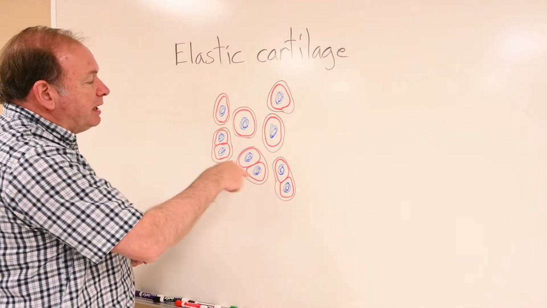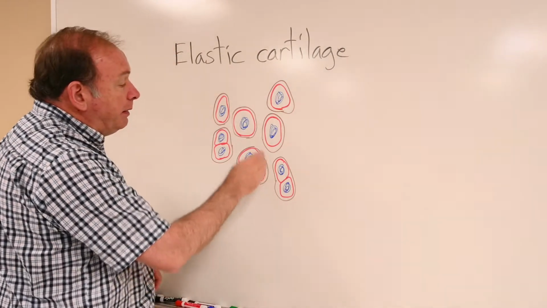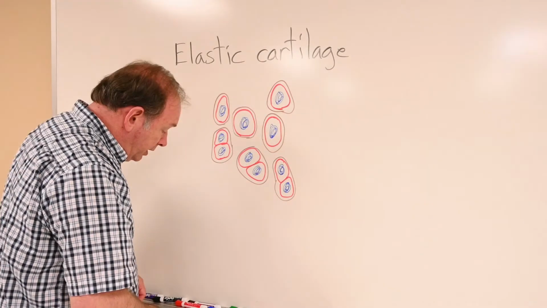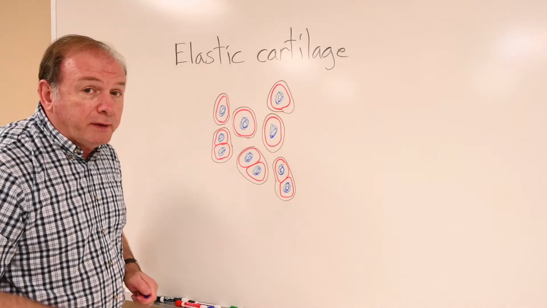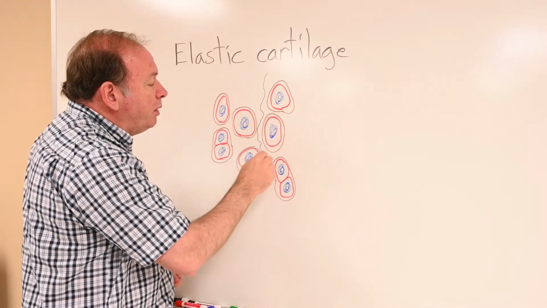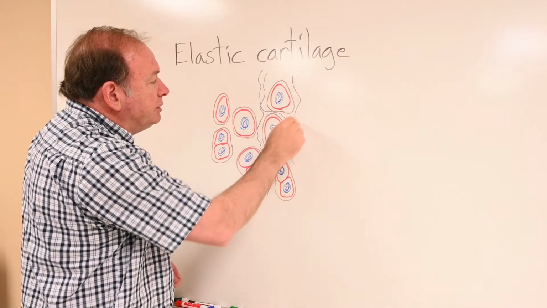So we've got chondrocytes in lacunae, and then we have basically a hyaline matrix type material in between here. And we're going to add to that elastic fibers.